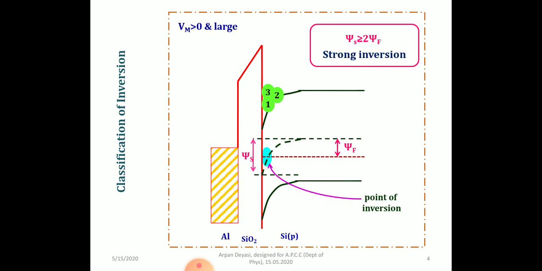So again, I am repeating this part in vivid detail, because in the derivation we have to classify the weak and strong inversion. The weak and strong inversion are the two types of inversion condition, where in weak inversion, the surface potential is greater than the Fermi potential but less than twice the Fermi potential.